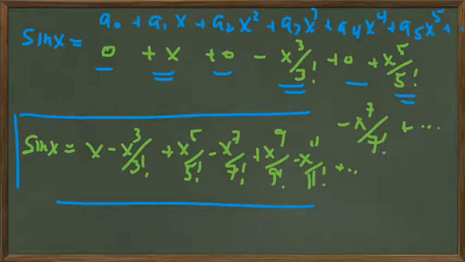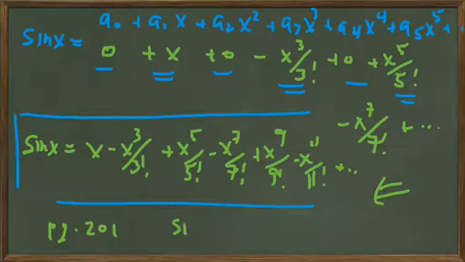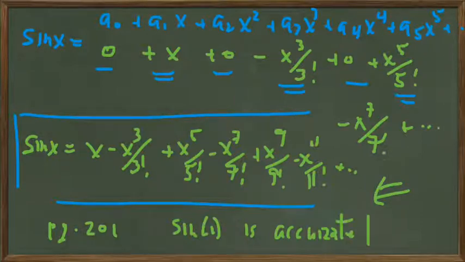In the book on page 201, you see that if we use this version of the sine series out to the 11th power of x and find sine at 1, we get a result that is accurate to the 10th decimal place. And this is what your calculator does when you want to find the sine of a number or the cosine of a number.